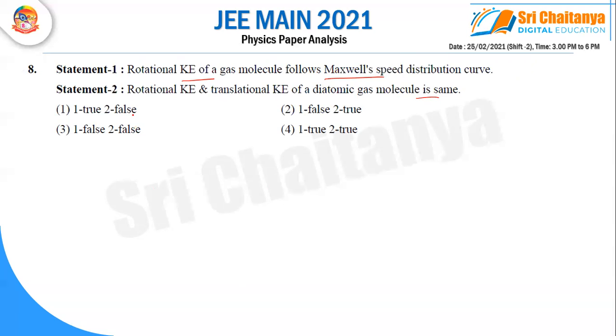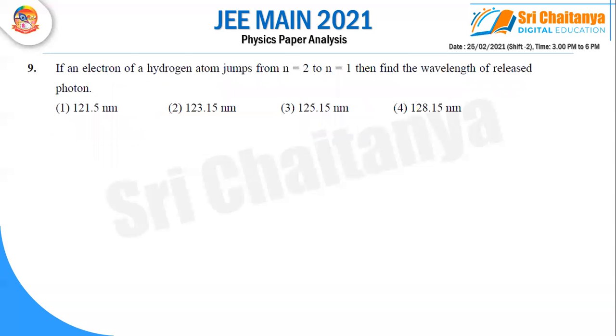So I feel that statement 1 is not right, and statement 2 is also not right, and this one seems to be the right option. The first one is false and the second one is also false. So we move on to the next question.